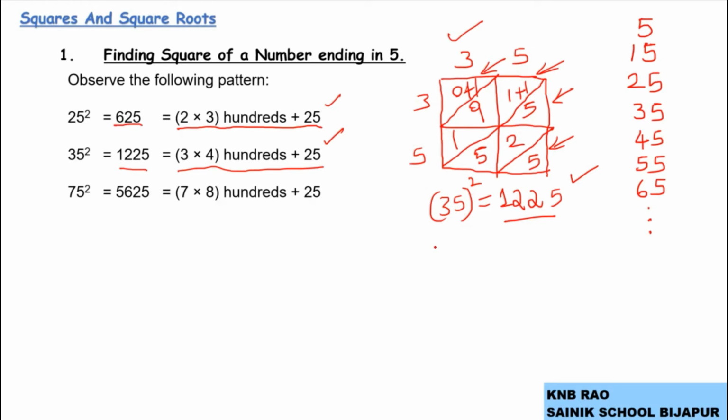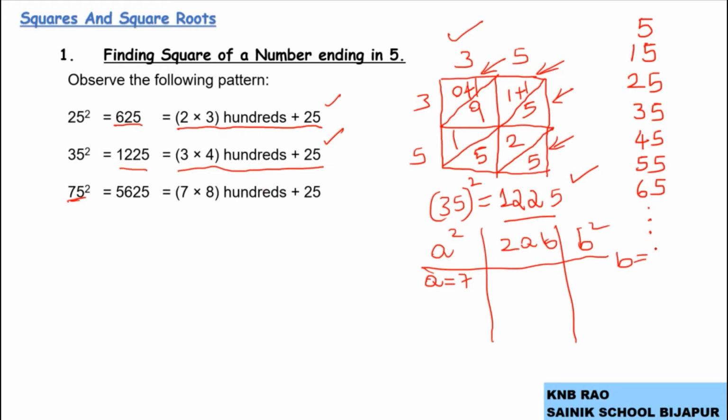Suppose if I want to use column method, a square, 2ab and b square. So here number of tens becomes a equals to 7, and number of units becomes b equals to 5.